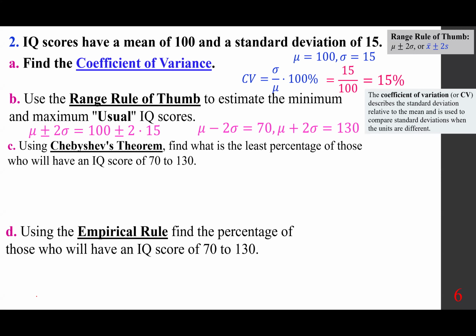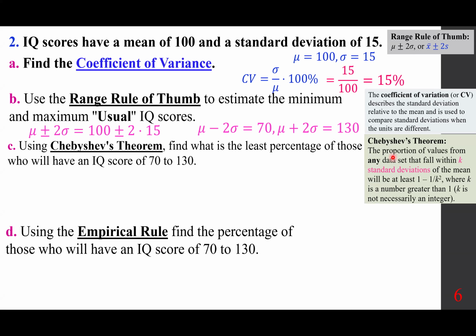Using Chebyshev's theorem, find what is the least percentage of those who will have an IQ score of 70 to 130. We're going to do exactly the same thing, but this time using empirical rule to find the percentage of those who will have an IQ score of 70 to 130. Chebyshev's theorem applies to just about any distribution we don't have any information about.